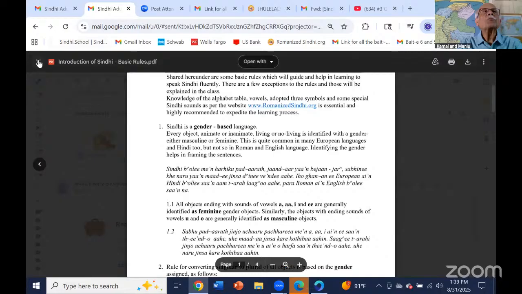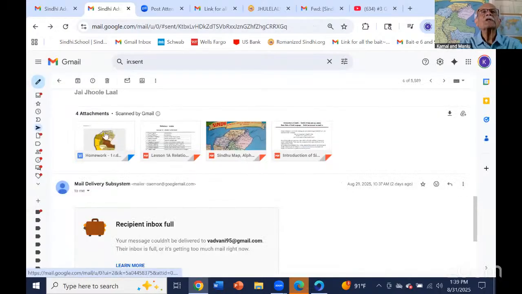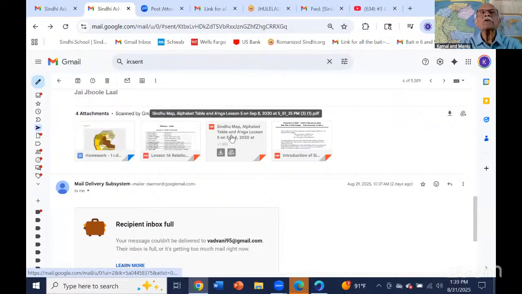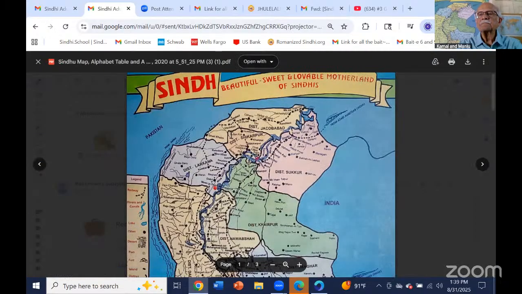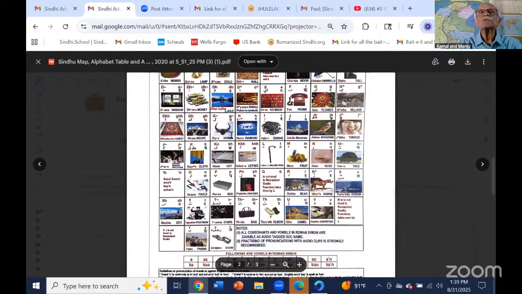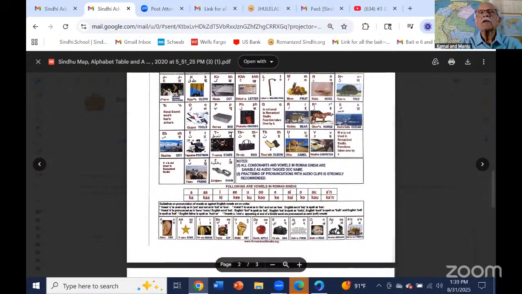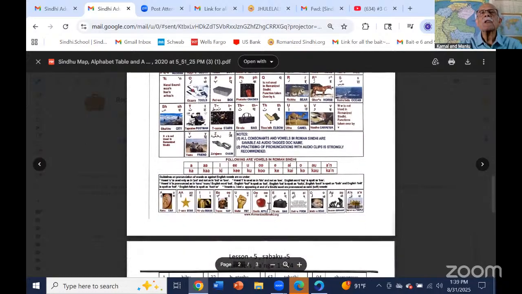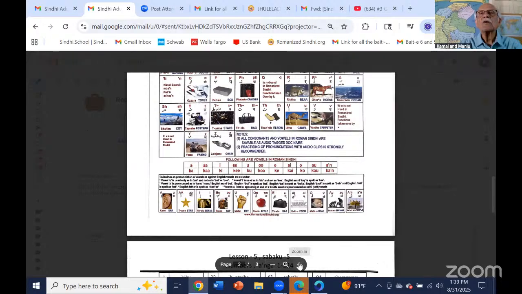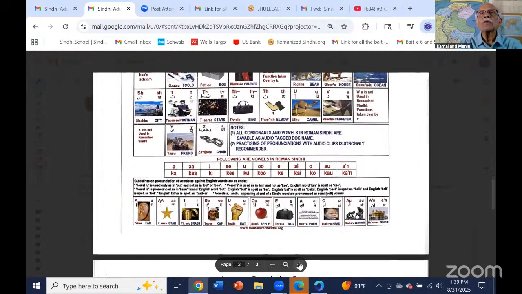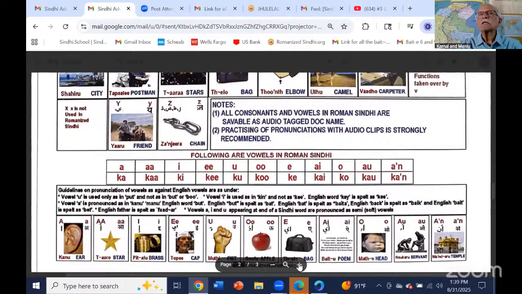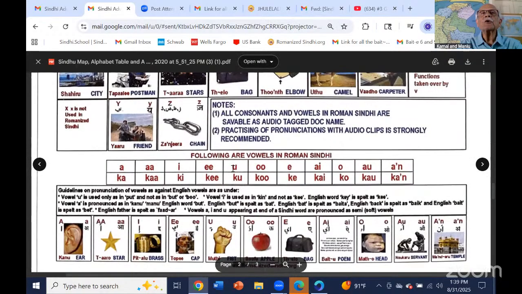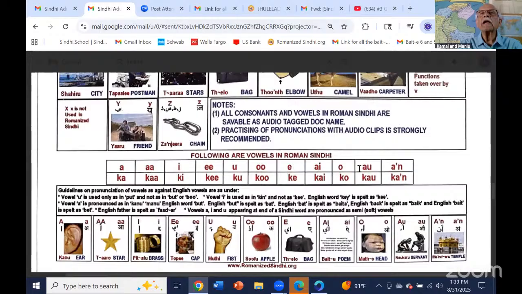I will pull up the screen of those so that you can refresh your memory. Here is the alphabet table, and here are the vowels. You remember this? A, I, U, E, O, Ang.